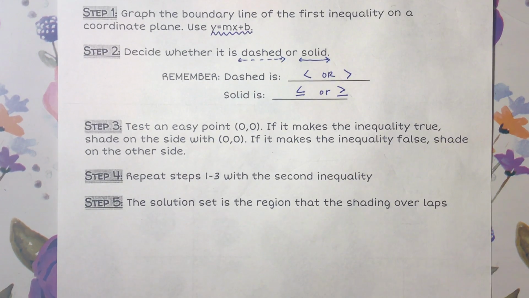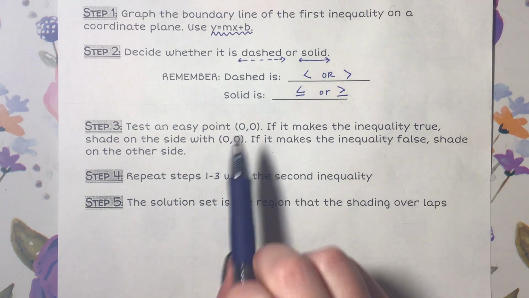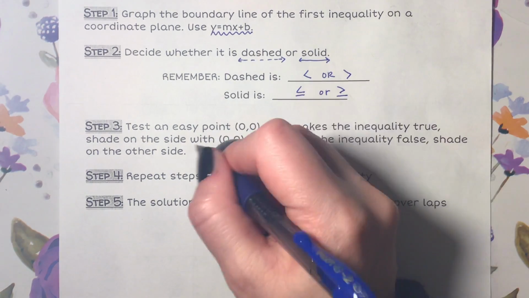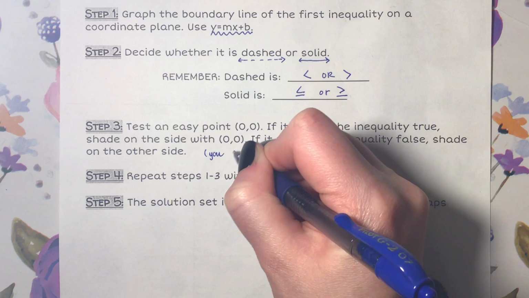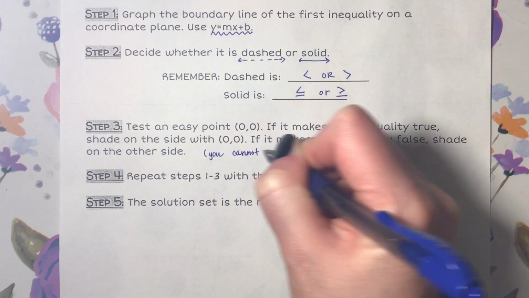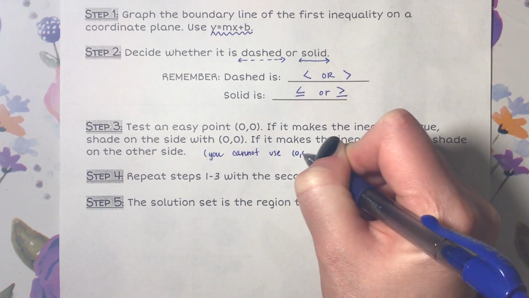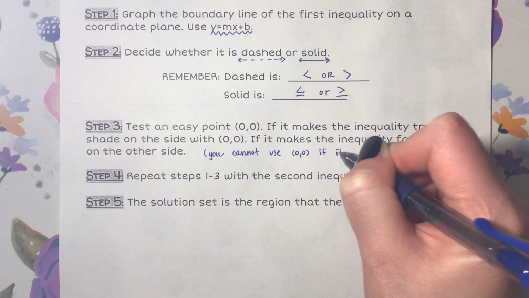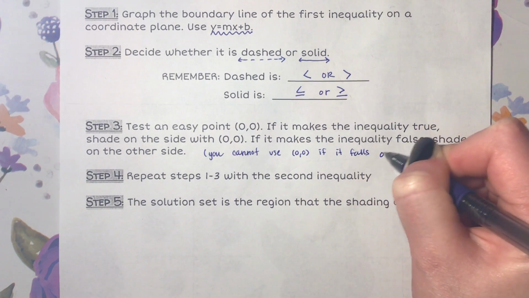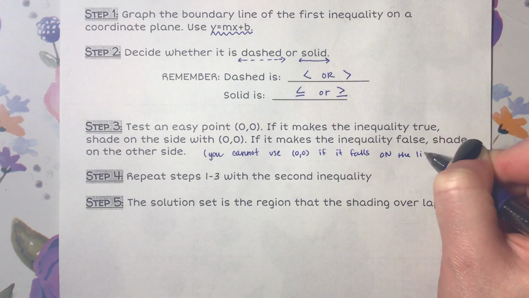At that point, you're going to test an easy point to determine what side to shade on. So an easy point usually is 0, 0. There is one exception. You cannot use 0, 0 if it falls on the line.